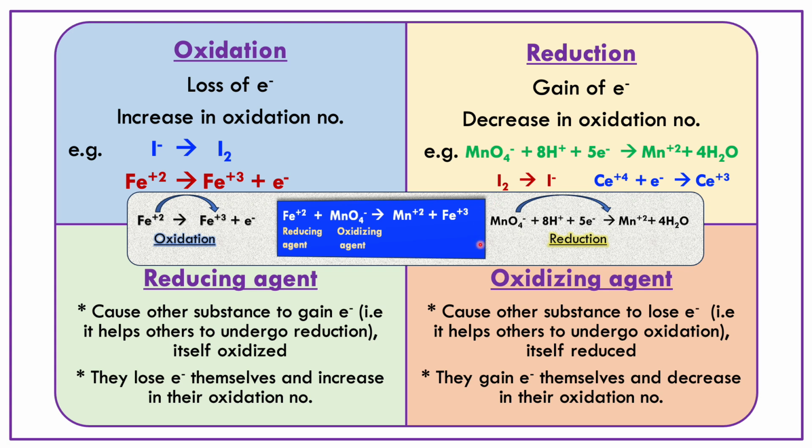So this acts as an oxidizing agent where it has caused the other substance to undergo oxidation, and hence by oxidation that substance has lost its electron which is gained by this I2. So it causes other substances to lose electrons, that is, it helps others to undergo oxidation and itself gets reduced.